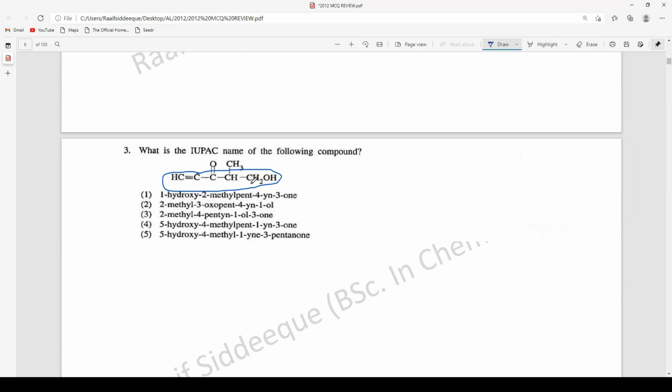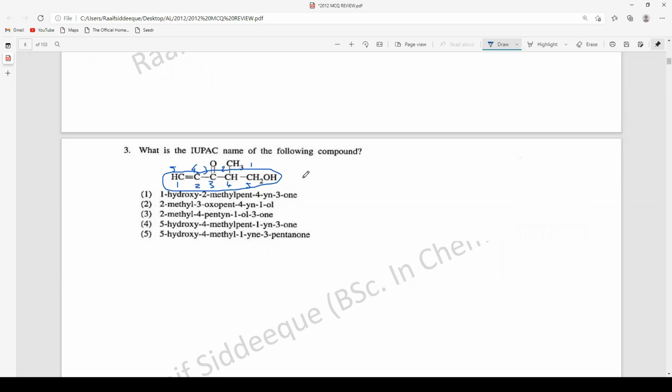If you come from left to right, this will be 1, 2, 3, 4, and 5. And if you come from the right-hand side to the left, it is also 1, 2, 3, 4, 5. So if I start from the left, the carbonyl carbon is 3, and if you start from the right-hand side, the carbonyl carbon is still 3.